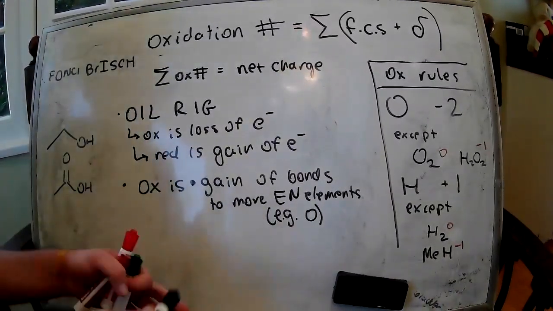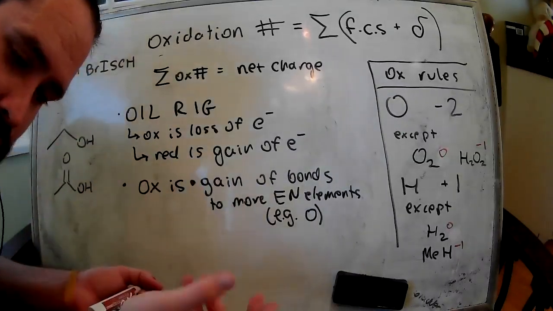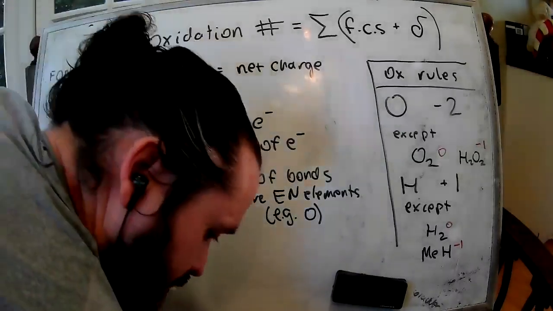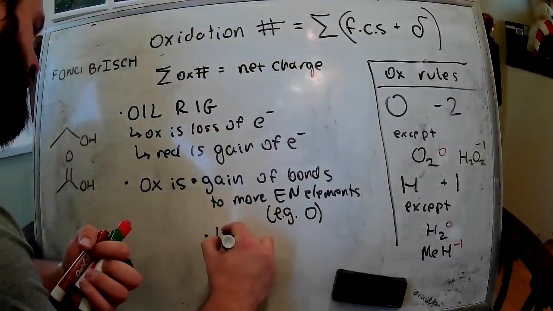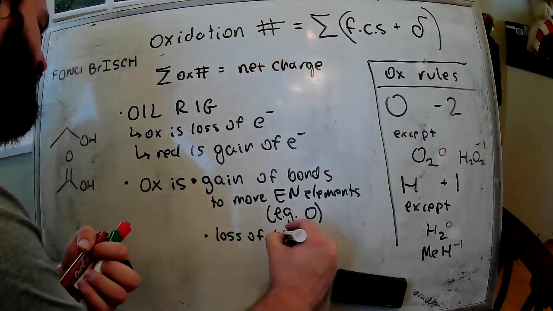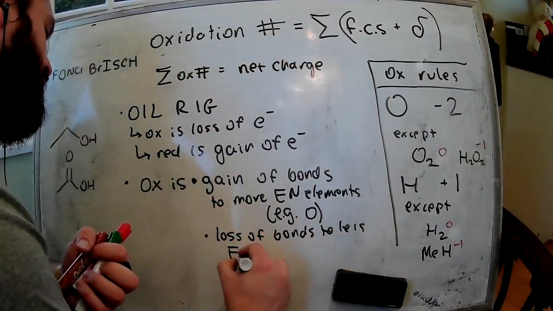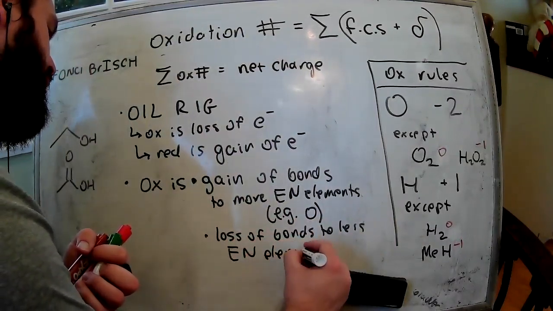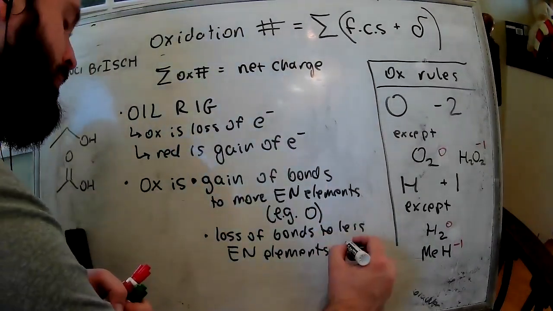It's not limited to oxygen though. As we saw earlier, you could be gaining or losing bonds to a nitrogen or something else, or something like a hydrogen. And we could also say oxidation is loss of bonds to less electronegative elements, such as when you're losing bonds to hydrogen.